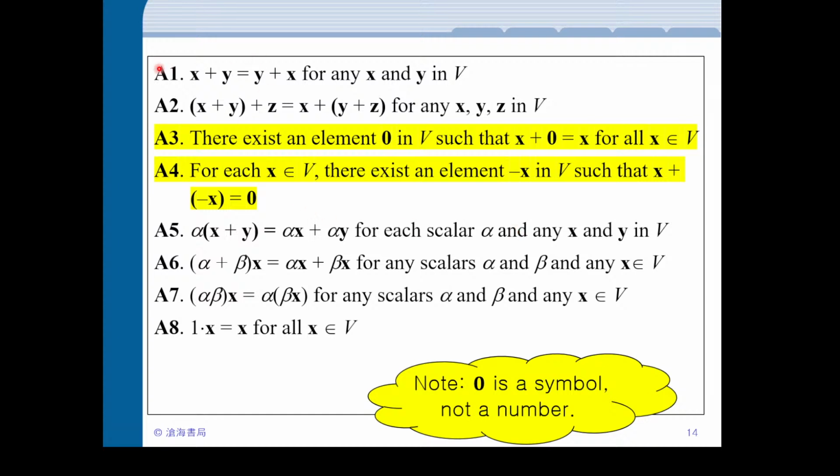First one is that the addition needs to be commutative. So x plus y needs to equal y plus x. If you think of the plus as the usual scalar plus or R^n plus, these things are very obvious. But remember, we're defining an abstract operation here. So if we define some operator, then the left and right don't always commute.